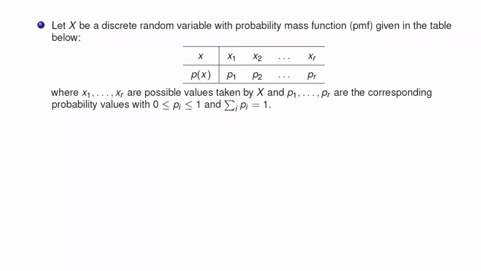Let X be a discrete random variable with a probability mass function given in the table below. Here, x1 through xr are the possible values taken by X, and p1 to pr are the corresponding probability values. All these pi's are greater than or equal to 0, less than or equal to 1, and the summation is 1.